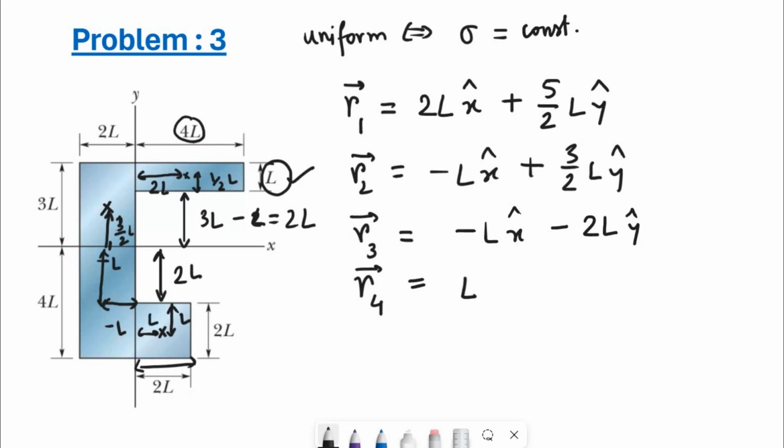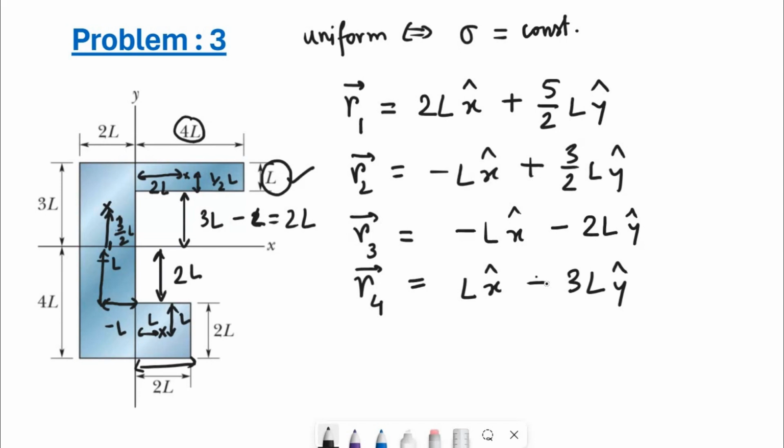So L in the positive x-axis minus thrice L along the negative y-axis. So we have the center of mass of all of these different pieces just from the figure.